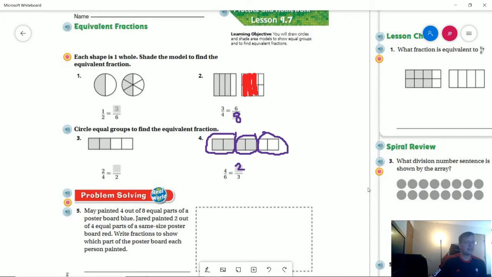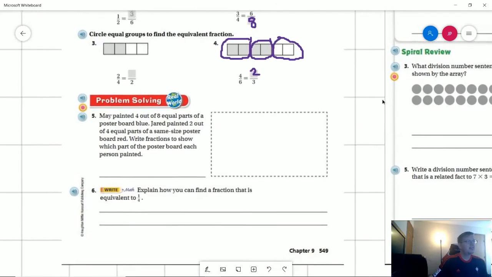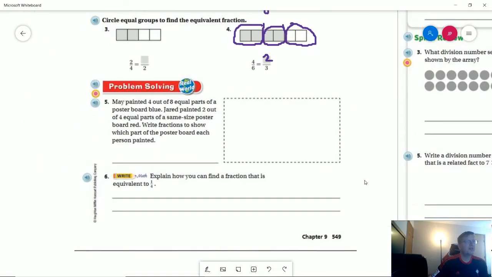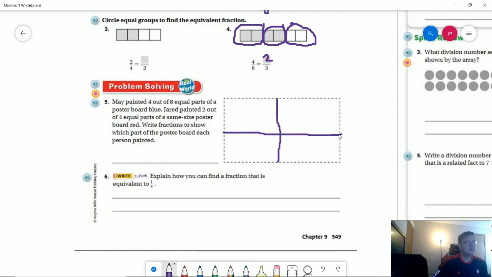Number 6, explain how you find a fraction that is equivalent to 1/4. So if I use this picture here, or this spot here, actually I will just use this. So let's say that I go ahead and divide this up into 4 parts, and I am counting this particular part.